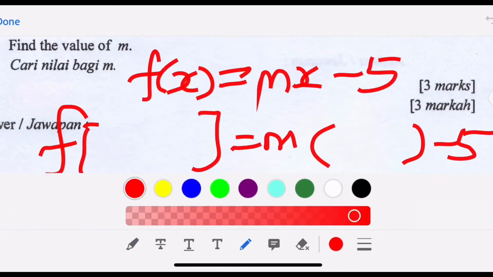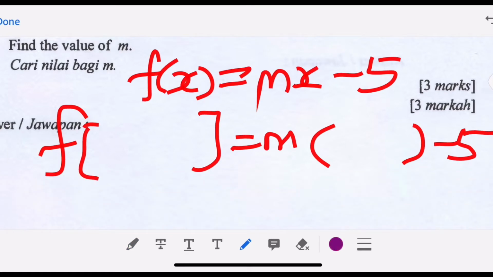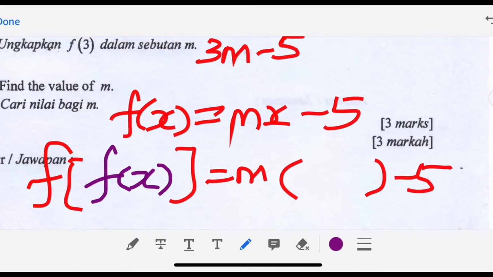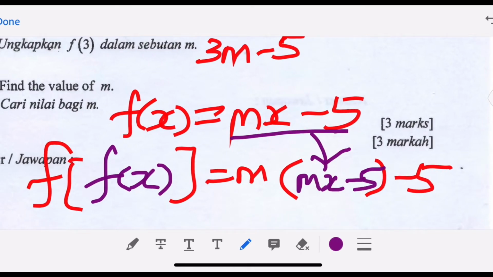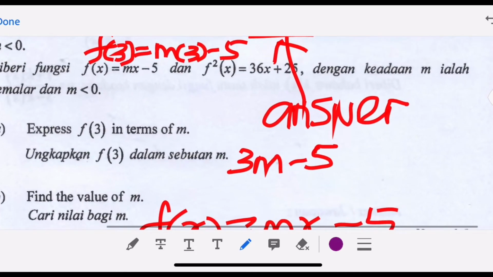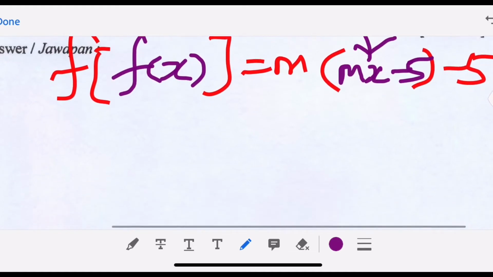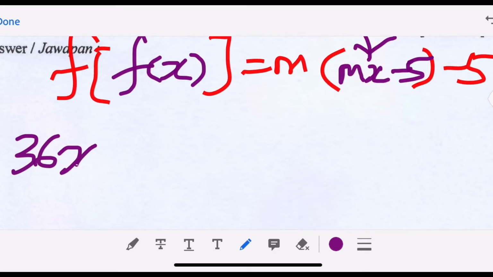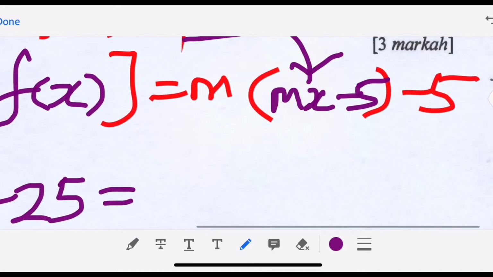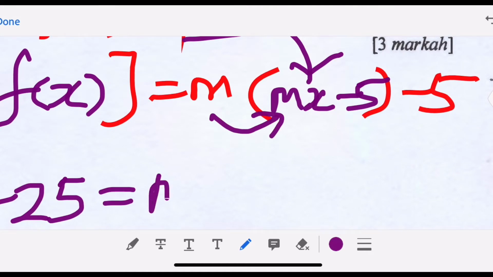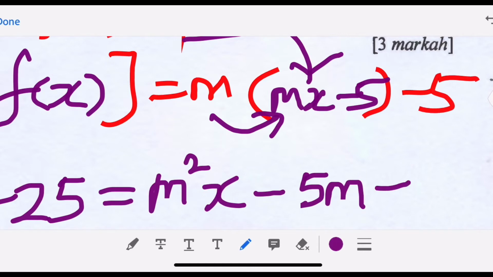So now, because you are having f2(x), it means that the object is f(x). So at the left, you put the symbol f(x), at the right, you substitute the mx minus 5. And then you simplify to the simplest form. Okay, before you do comparison with the answer given, which is 36x plus 25, you multiply and expand: m squared x minus 5m minus 5.